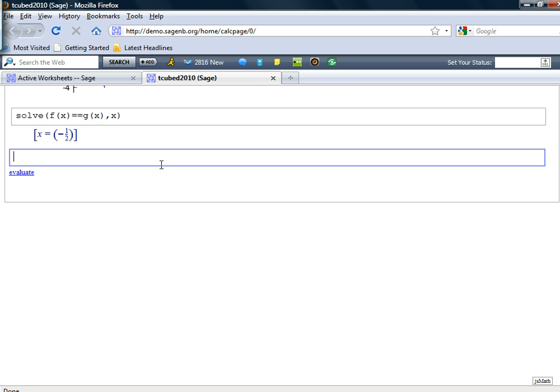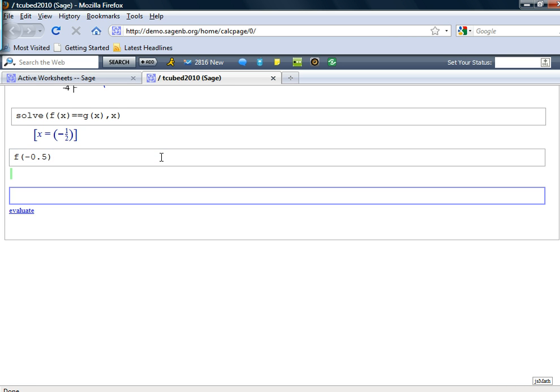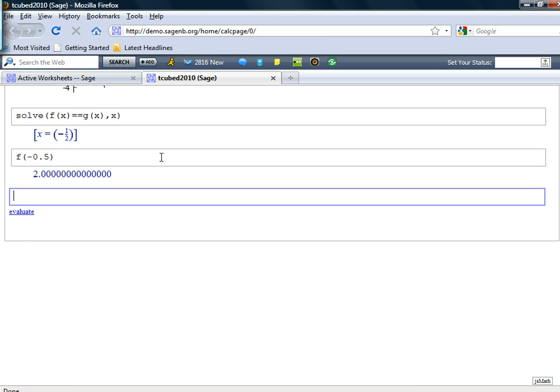Let's see. Now, of course, we got negative 1/2 for x, but how are you going to get y? Well, you could just say, what's f of negative 1/2? And that should be the same as g of negative 0.5.